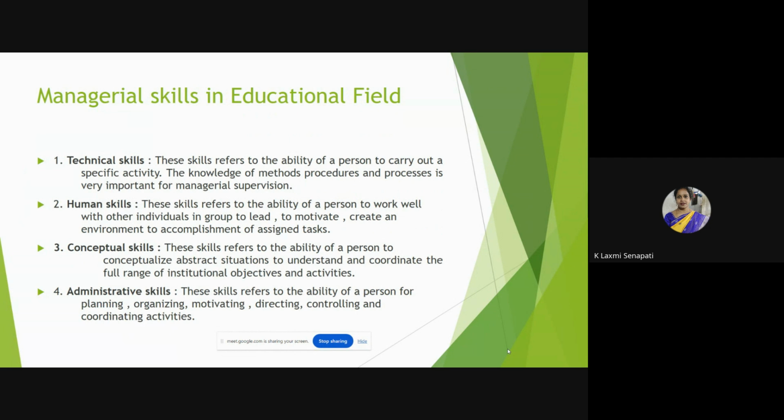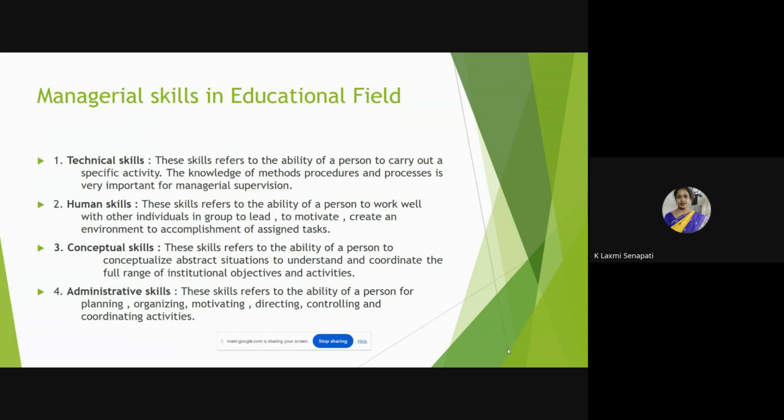Suppose you want to monitor a class, how the teacher is teaching. For that purpose, first of all I should know how to teach and how to deal with the students. As a teacher, we should know the skills, so that I can perform my work in a better way.